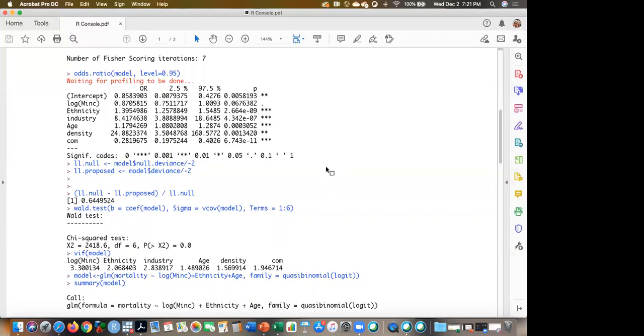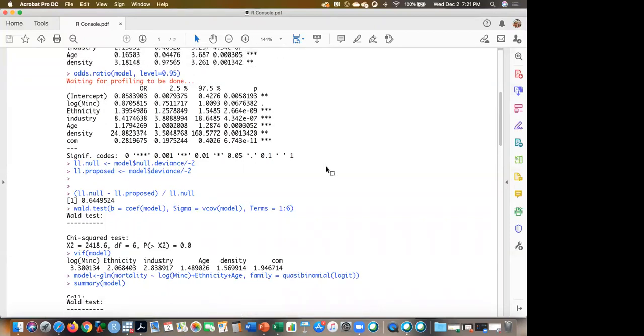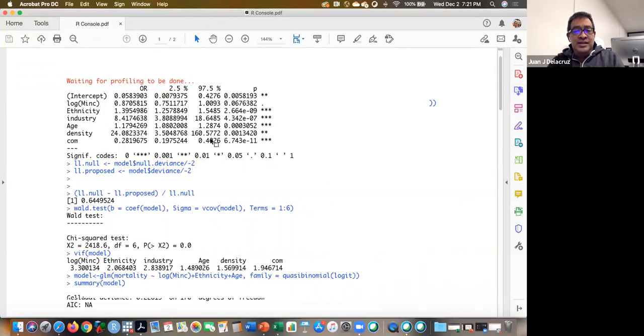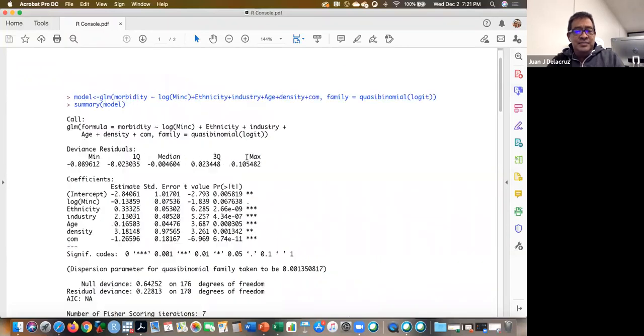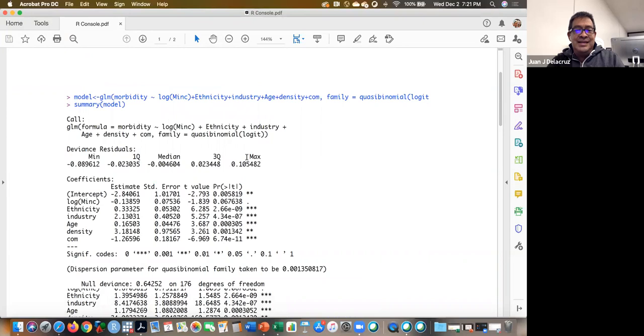For example, if you look here, this is a regression based on some assumptions. This is the same regression based on something different.